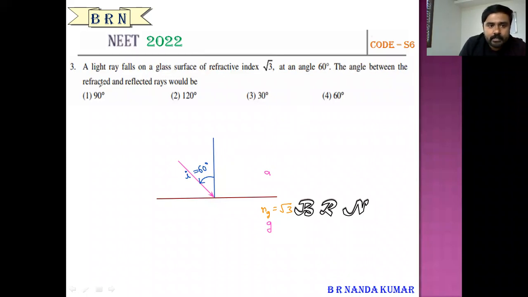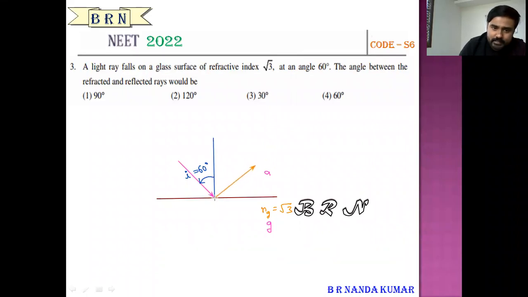The angle between refracted ray and reflected rays would be. So, ಇಲ್ಲಿ ನಾವು calculate ಮಾಡಬೇಕಾಗಿರೋದು what is the angle between refracted and reflected rays. Ray of light ಯಾವ angle ಅಲ್ಲಿ incident ಆಗಿದೆಯೋ same angle ಅಲ್ಲಿ ray of light bounce ಆಗುತ್ತೆ.